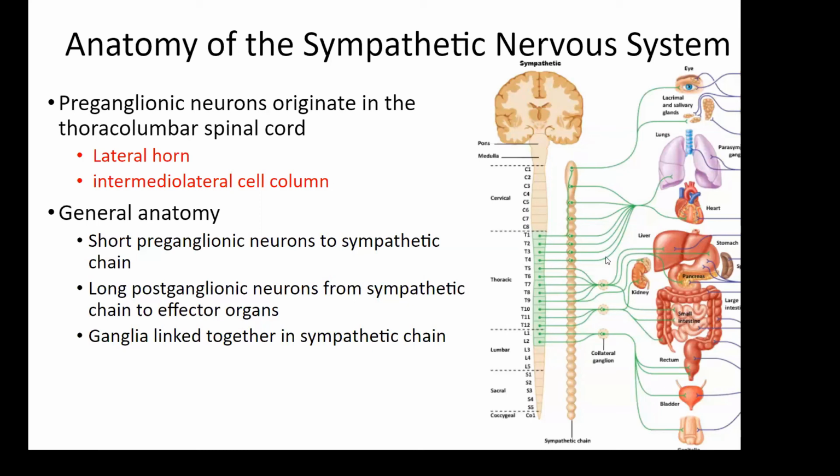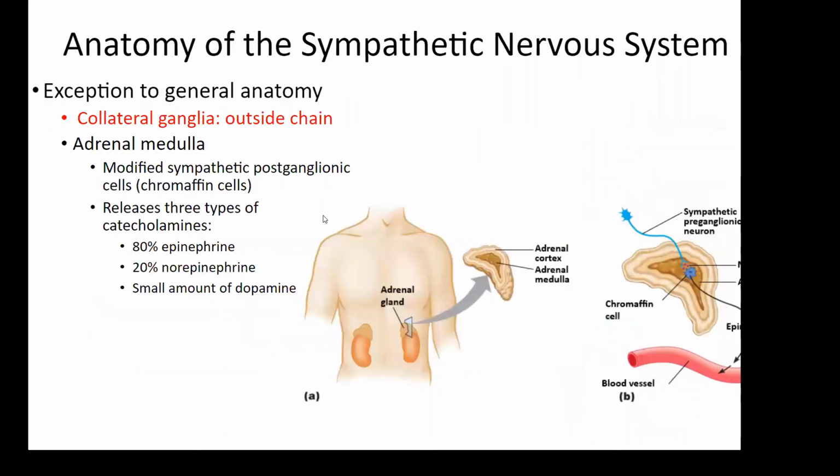That's just a qualifier. It's not always super short. Some are short, some are a little bit longer, but we can abbreviate for ourselves. So those ganglia are linked together. We do have some exceptions, but that's how most of them work. That's the most stereotypical association for a sympathetic neuron.